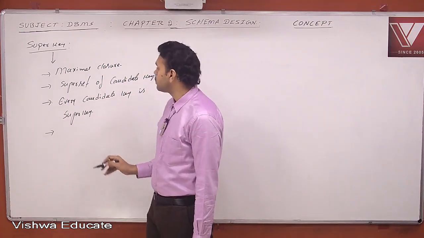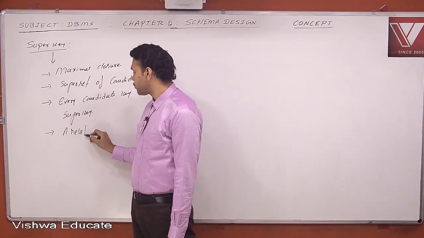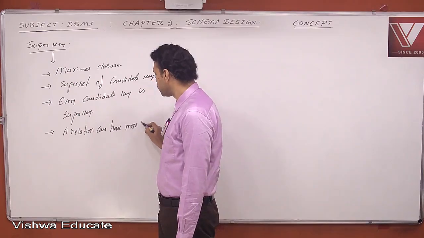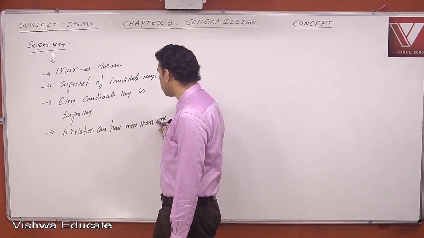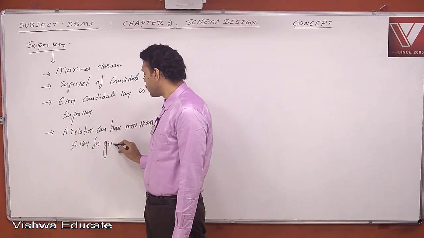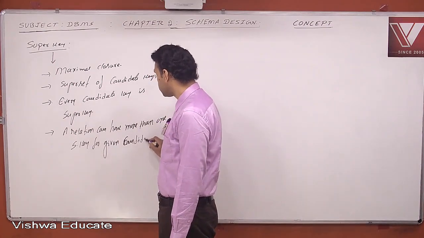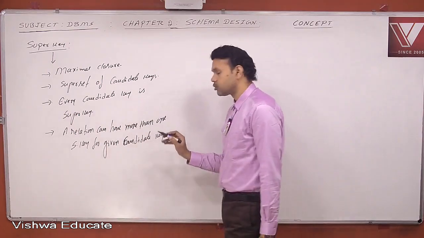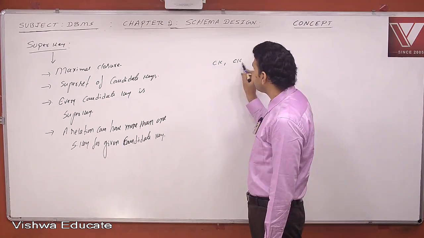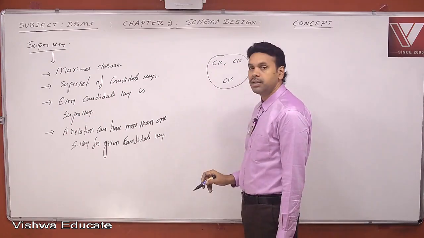And the next one is, a relation can have more than one super key for a given relation or for a given candidate key. As I told you, a relation can have multiple candidate keys.